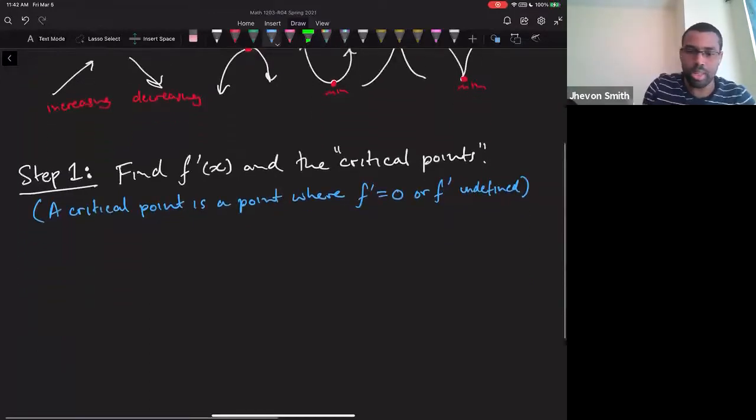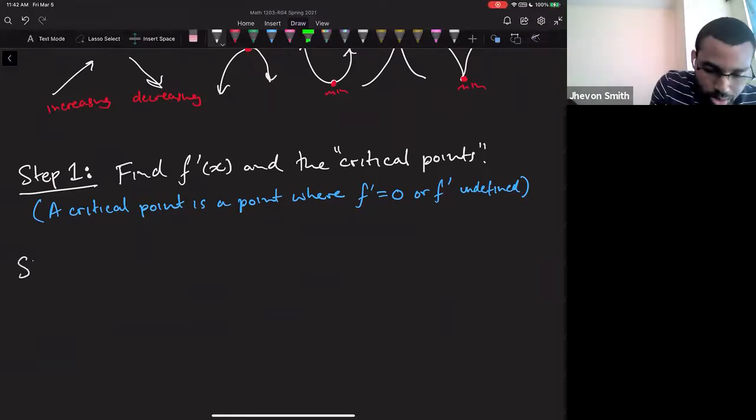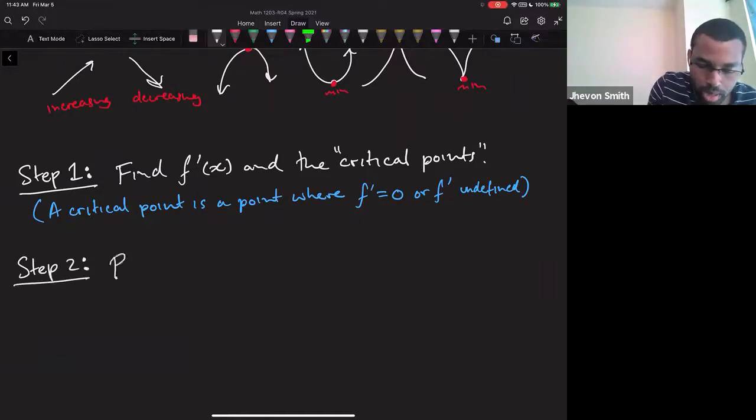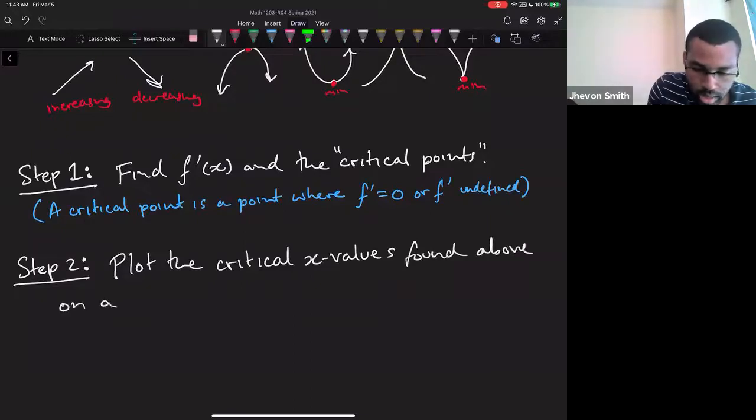Now step two, you don't necessarily have to do it like this, but I think this is the best way to do it. You're now going to examine all of the critical points that you found earlier. Plot the critical x values found above on a number line.